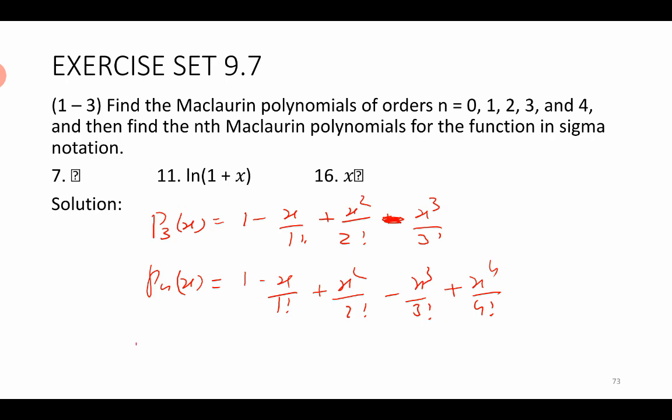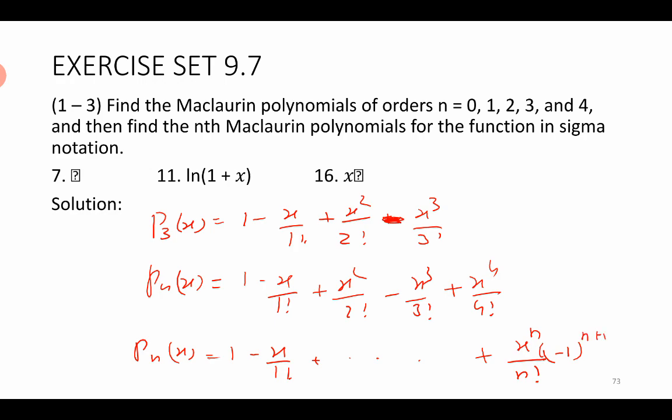So the nth term, Pn of x, is the same. 1 minus x over 1 factorial can be extended up to the nth term. So it is x power n divided by n factorial with minus 1 to the power n or n plus 1. When n is 0 it is positive, when n is 1 it is negative, so n plus 1 is good.